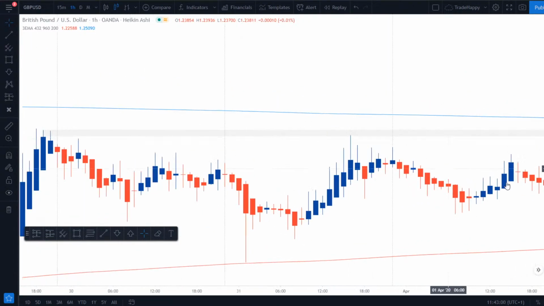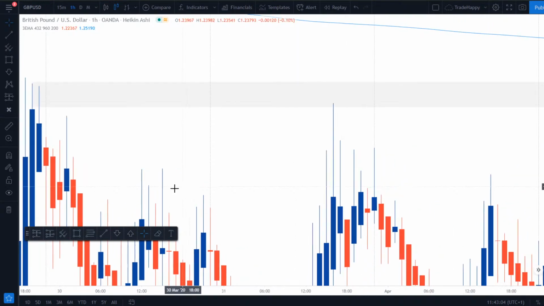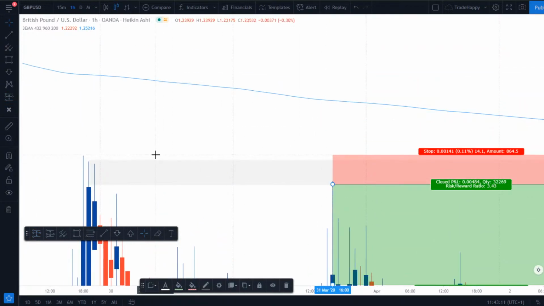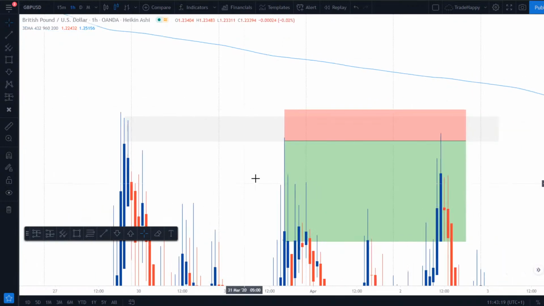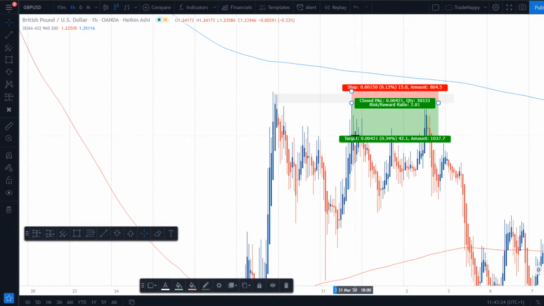So, I mean, you don't really get a better entry than that. You could just put your limit orders in at the bottom, and then put your stop loss above that high. So you'd have a 15, let's go 15 pip stop loss, and then you could go for a 3 risk reward.